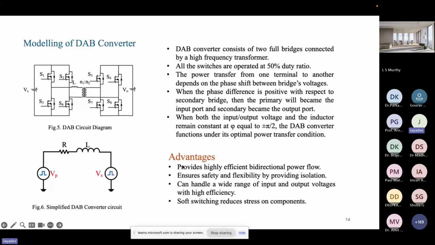It has some inherent advantages compared to the buck boost converter. It provides high efficiency bidirectional power flow.